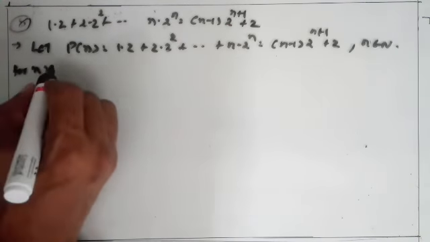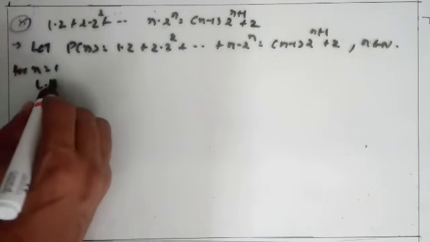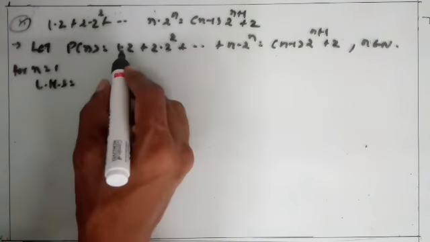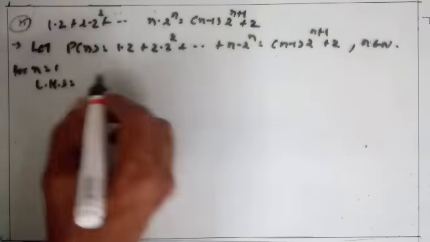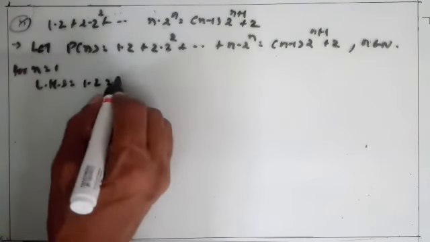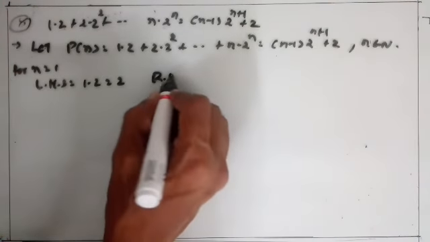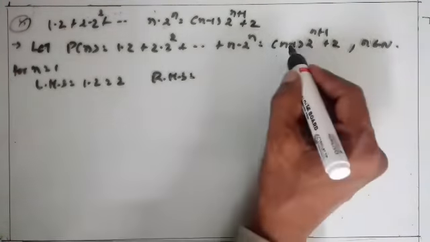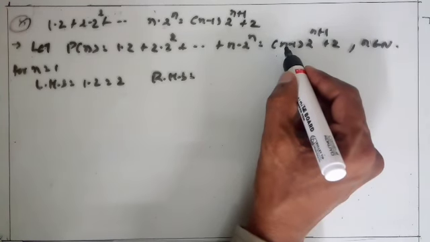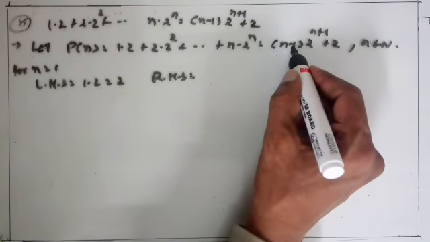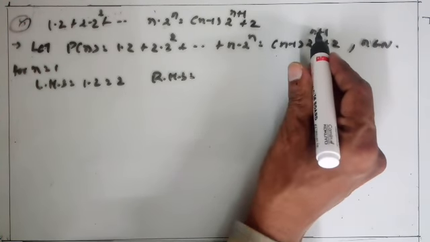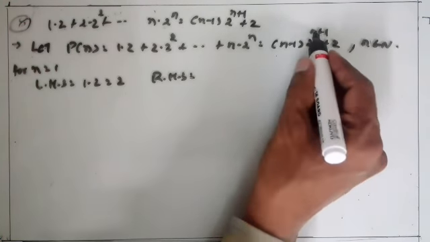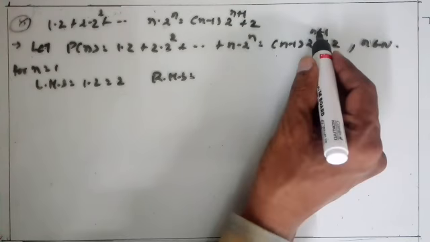For n is equal to 1, LHS is equal to, here n is equal to 1, so 1 into 2 raised to 1, that is 1 into 2, that is a 2. And RHS is equal to, here replace n by 1, so 1 minus 1, that is a 0, into 2 raised to 1 plus 1, that is 2 raised to 2.